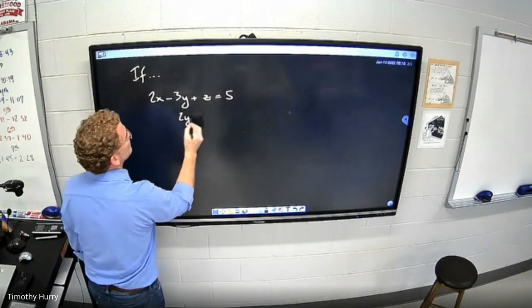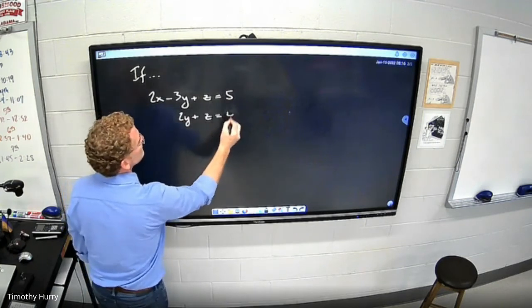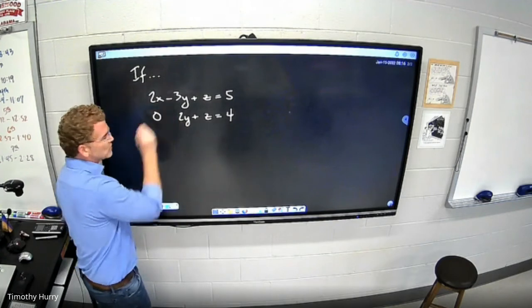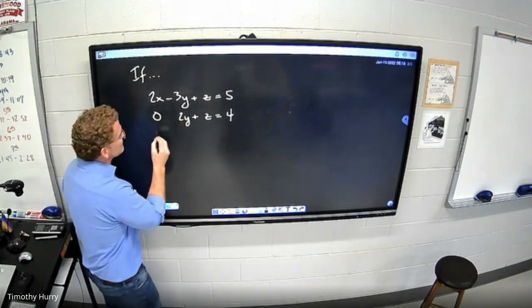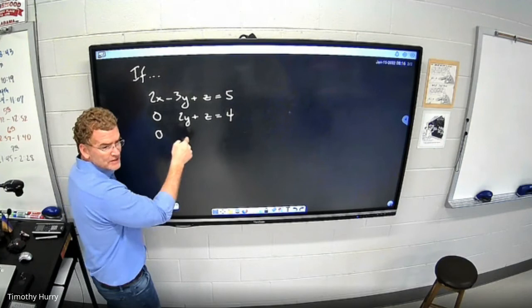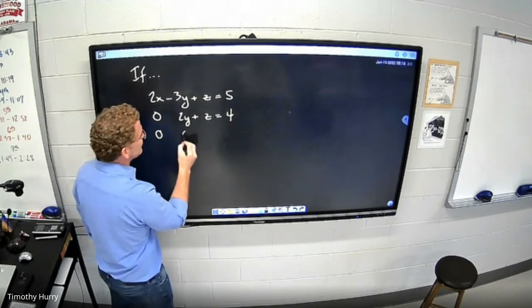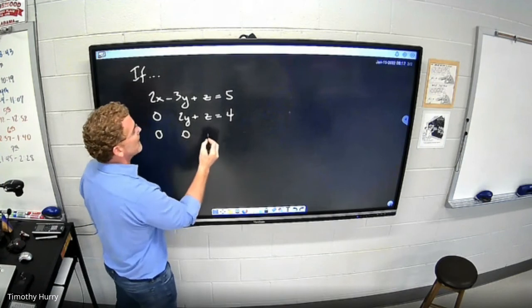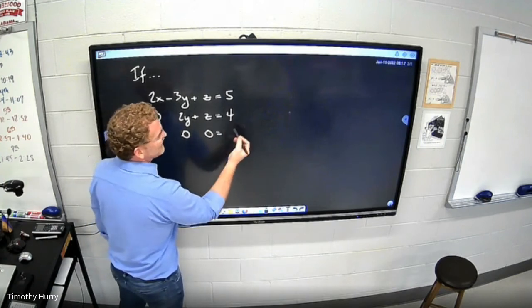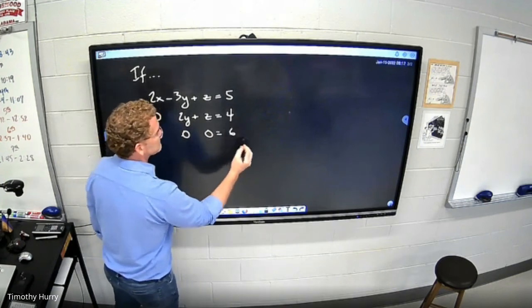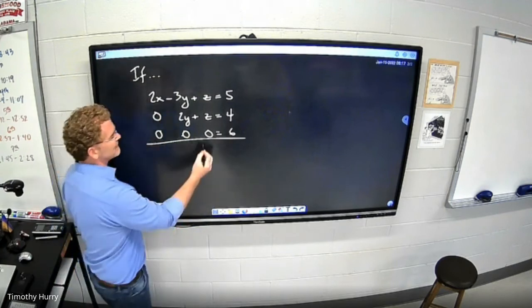Say you end up with, and you make this first one a 0, and you make this one a 0, and then in the process of trying to make this a 0, you end up adding that stuff together, and this occurs. You get a 0 there and a 0 there, and then some random number here. What does that mean to you?